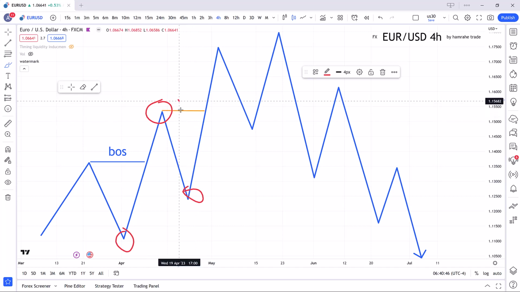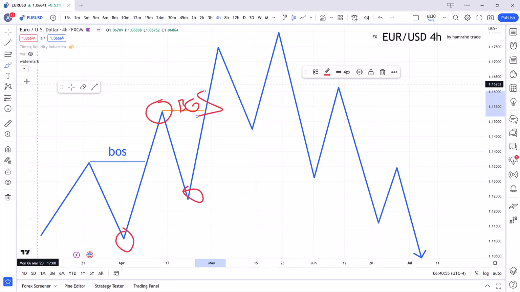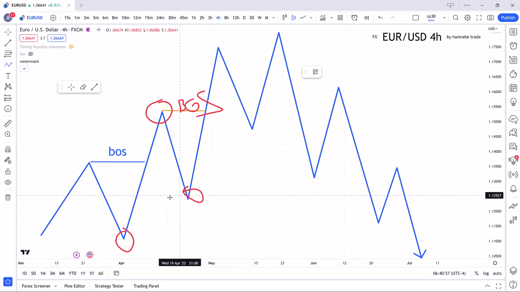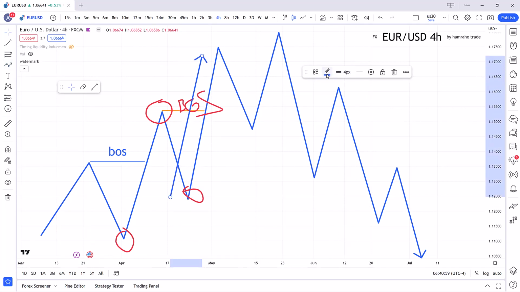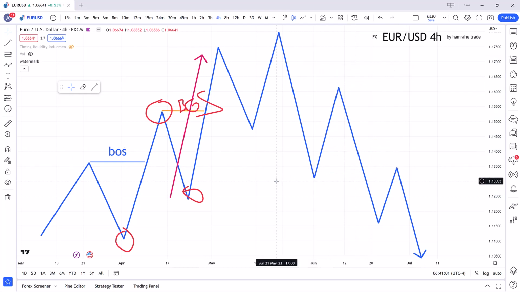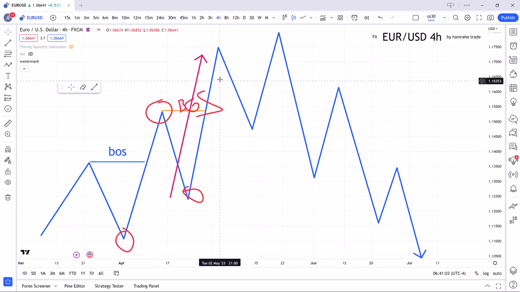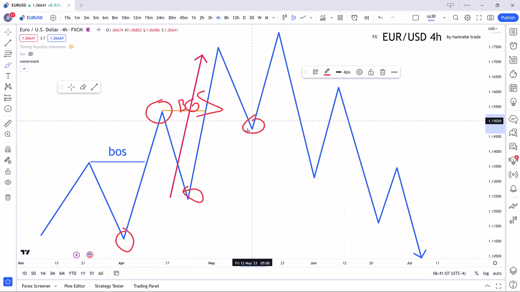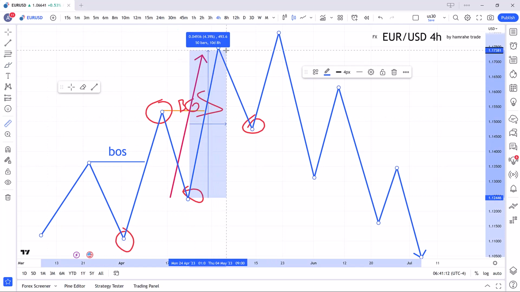When we have a break of structure here, we can say that it is our protected low, so this is our leg. What now? We can measure this leg and try to catch higher lows. So it is our trading range, from this low to this high.